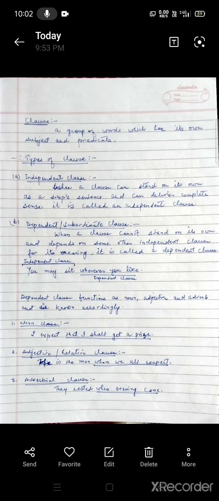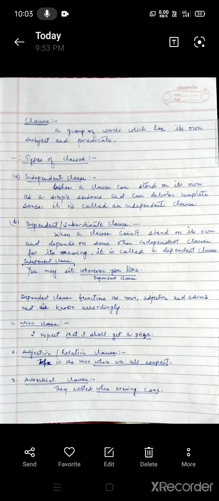So it becomes a part of a sentence. When we remove it, when we exclude it from the sentence, its meaning is suspended, or it cannot deliver the complete sense. In that case, we can say the clause is a dependent clause. So a clause may be an independent clause or a dependent clause.